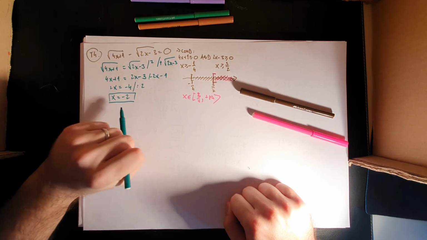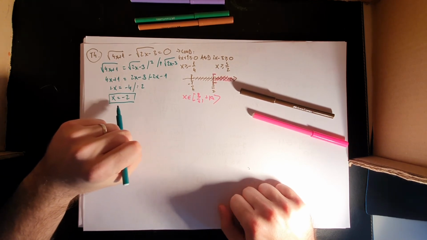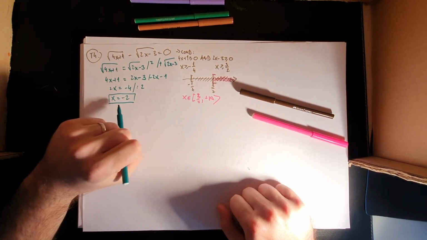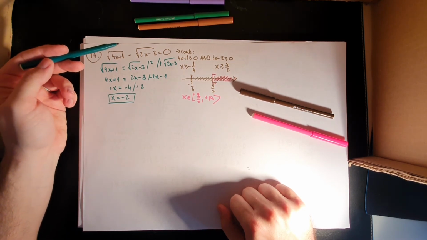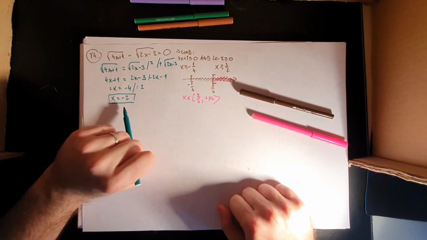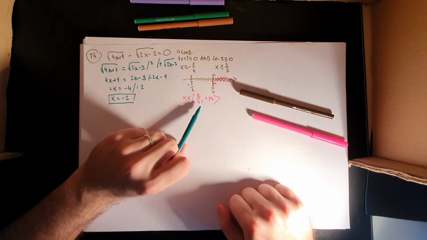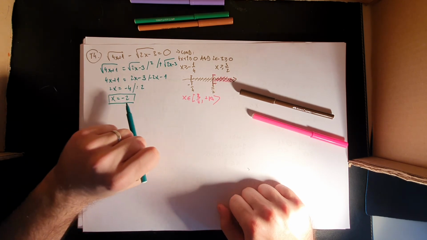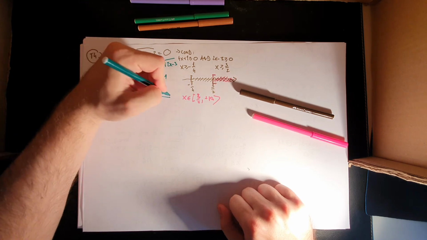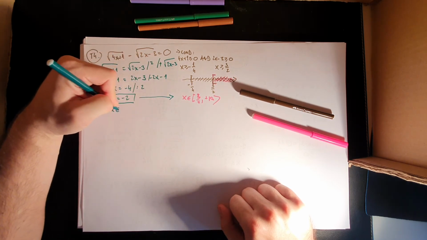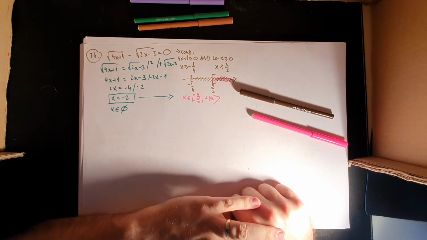Now, we are not done. We got the solution, but we are not yet certain if it's a solution for the starting equation. Let's check it out. Minus 2, oh, it doesn't fit the condition. This isn't the solution. So x is an element of the empty set because of this.